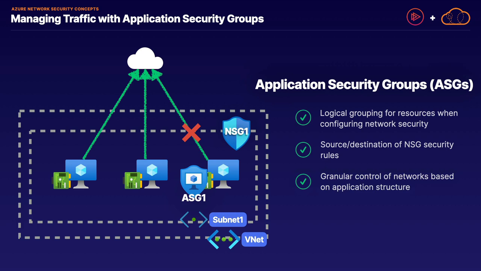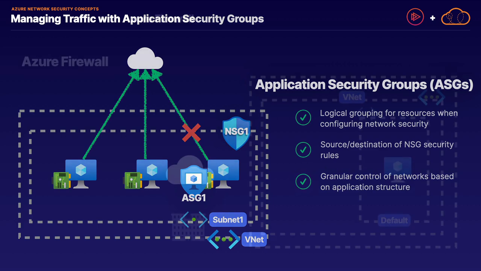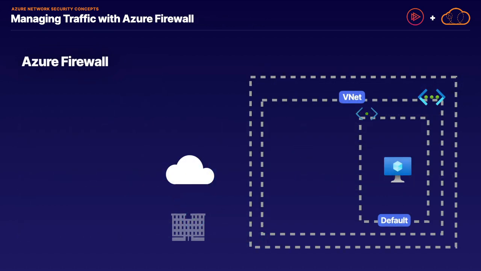Now that we understand how we can provide application security groups as a way to logically group resources and use them to provide extensibility to our security rules in our network security groups, let's get into talking about Azure Firewall. Before we get started, just a quick disclaimer that we will cover Azure Firewall in way more depth in a later section in this course.